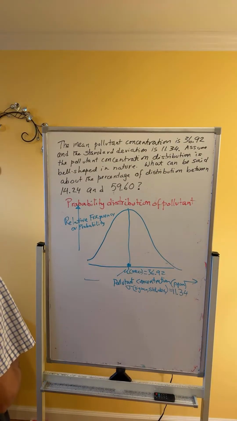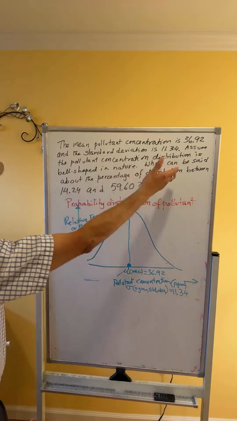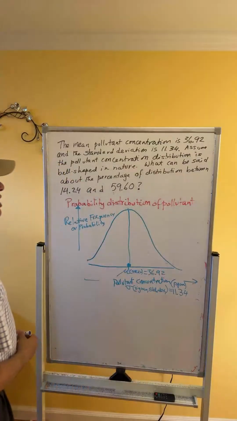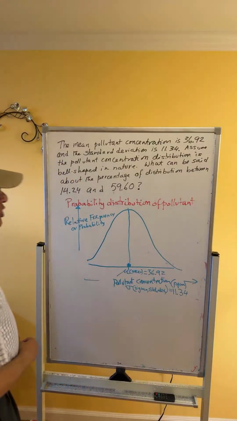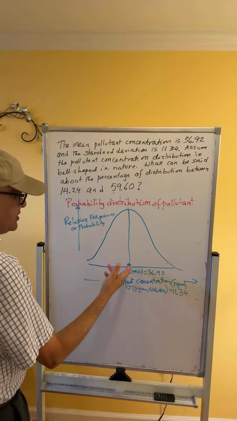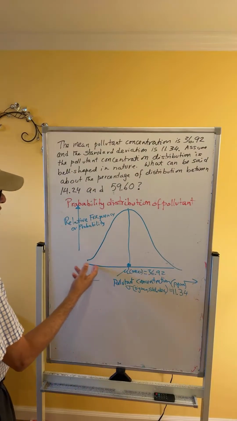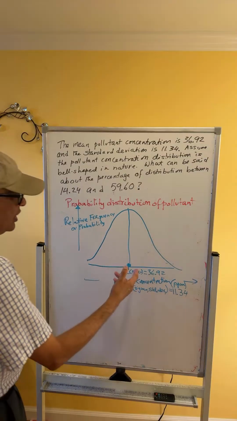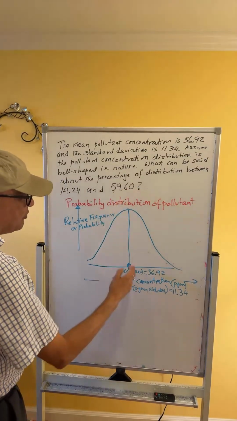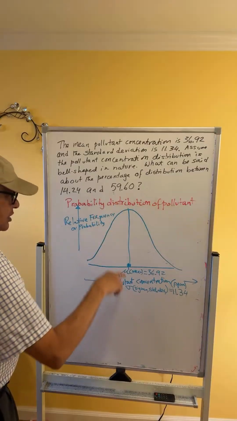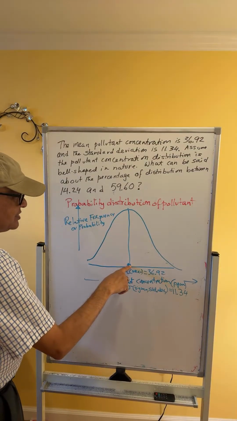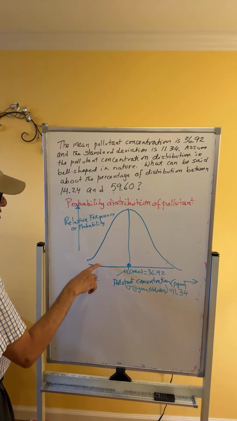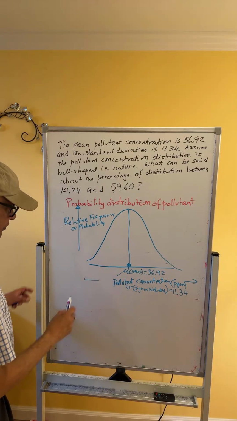We have been asked what can be said about the percentage of distribution between 14.24 and 59.60. You understand, 14.24 will be on the left of the mean because numbers decrease in this direction, and 59.60, the upper boundary, will be to the right of the mean. This is because the mean is 36.92, and 14.24 is less than 36.92, so it will be on the left of the mean.